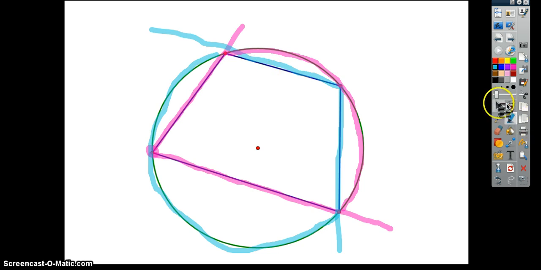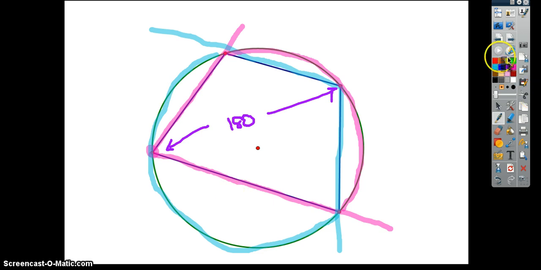So if the pink angle has to be half of the pink arc and the blue angle has to be half of the blue arc, then together the pink angle and the blue angle have to be half of the whole circle. What's half the whole circle? 180. So these 2 across from each other like this have to add up to 180. They have to be supplementary.